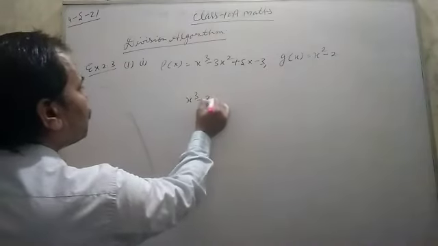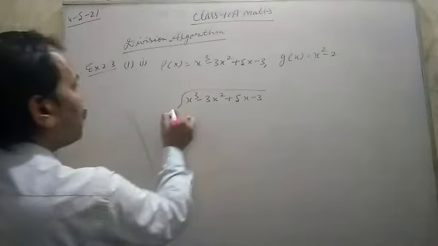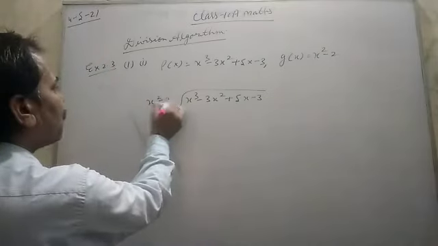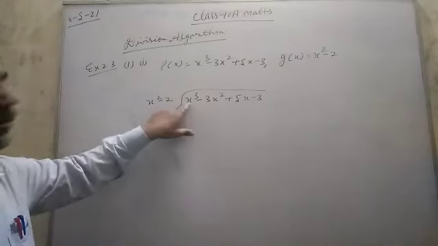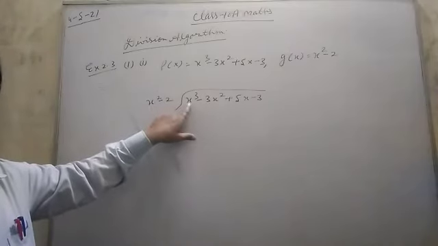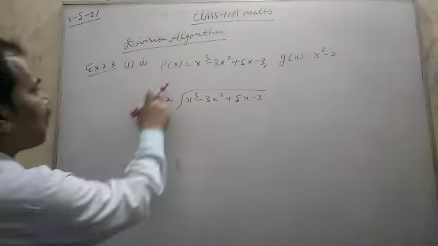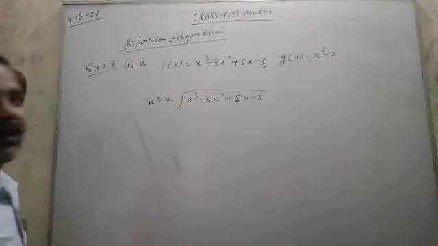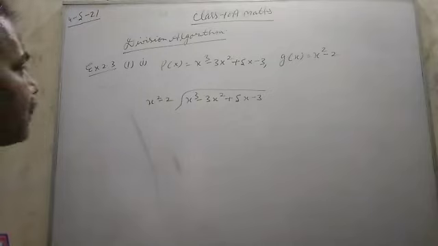So p(x) divided by g(x). You see the highest power of the variable in the divisor and dividend. Here x power 2 and here x power 3. So in x square, by which do we multiply to get x cube?